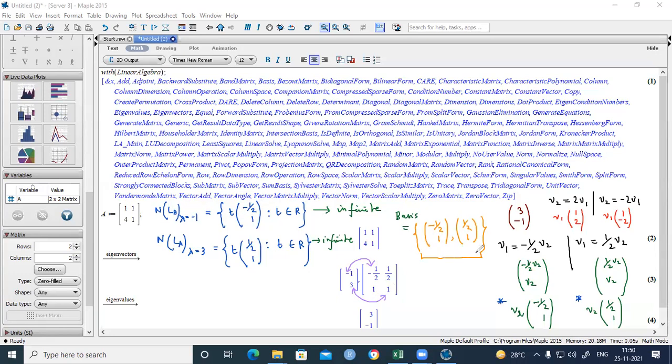Obviously minus half 1 and half 1 are the eigenvectors of this particular square matrix. But if anybody doesn't study the book and do the calculation by themselves manually, they will think, sir, I did not understand the defect, it looks all right.